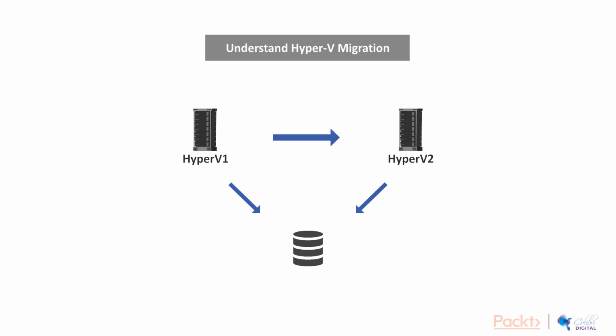And given the fact that you have the shared storage between the two hosts, you will only have to do the migration of the virtual machines, as I said earlier, of the running CPU and its memory state. And so this is, in fact, the live migration you will most find in production environments in almost any organization that's working with Hyper-V.